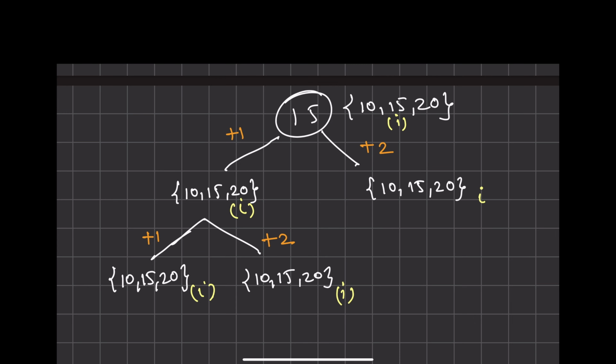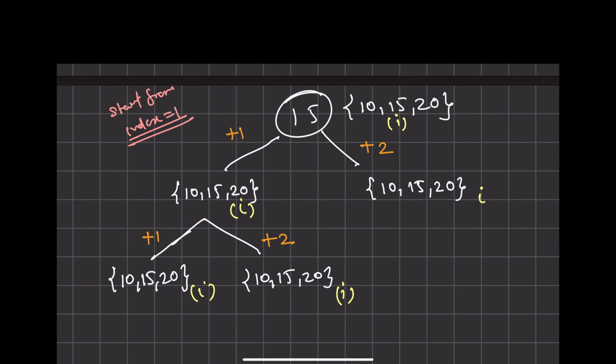Here we will start from index 1. Now from 1, we have 2 options. First we go to the left, take 1 step, we will reach here. Again we take 1 step, we will reach here.